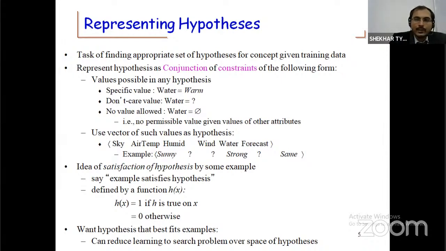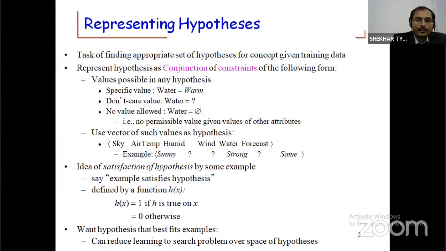A third type of specific condition that can be represented using a version space graph is a null value. With the help of a null value, we can specify values that cannot be evaluated at a particular time, right? These types of values are generally represented using a phi or just a blank space, right? As far as this example is concerned, whenever we are representing these values, sky condition, air temperature, humidity, wind, and water forecast, we are utilizing the prominent values with some specific values. Like there are three prominent values in this example: sunny, strong, and same, right?